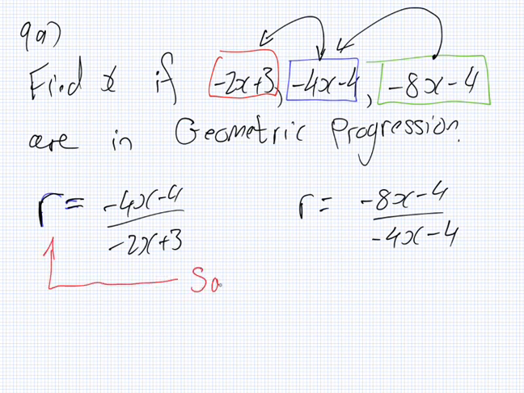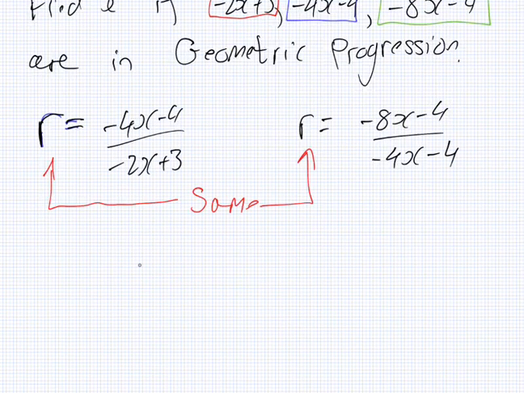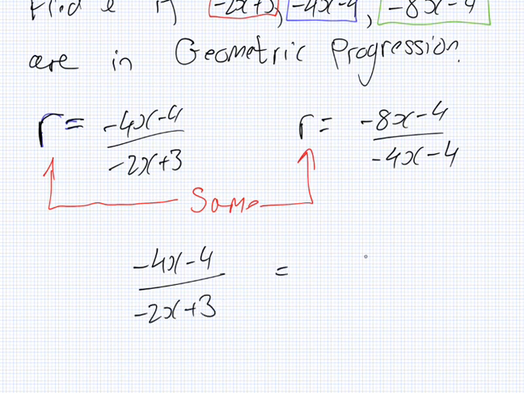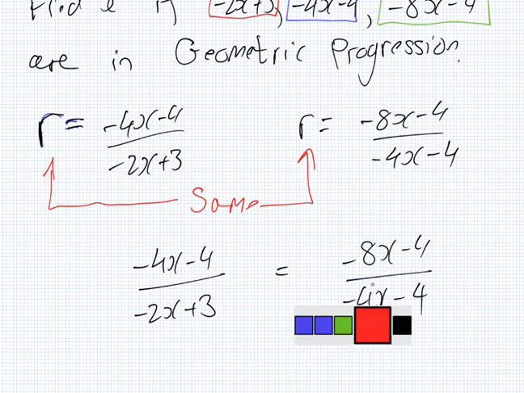You can see these are the same. So we can now say minus 4x minus 4 over minus 2x plus 3 equals minus 8x minus 4 over minus 4x minus 4.